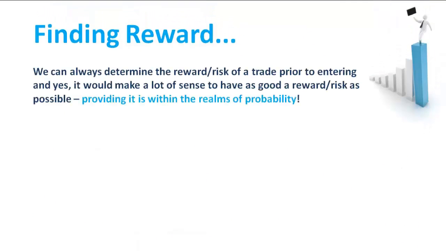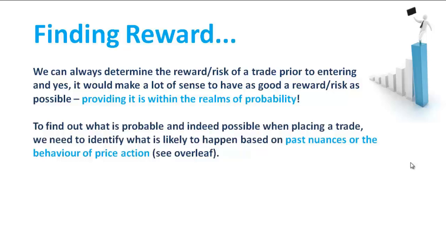So having a good reward to risk trade is one thing, but having it within the realms of possibility is another thing. We need to obviously go for what is likely to happen and what is a high probability outcome, looking at the chart rather than thinking, okay, well, I'm risking 1%, I would love to get 10% out of this, even if there isn't a chance in hell that it's going to hit your target.